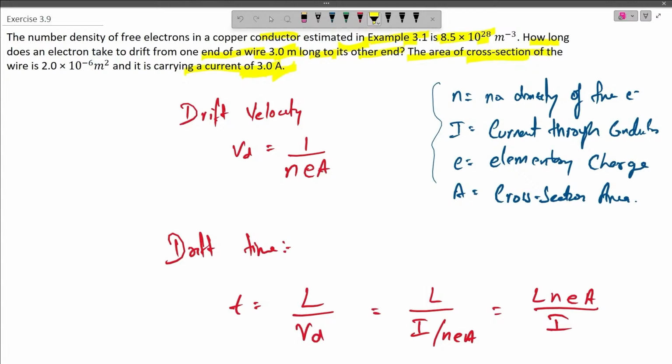At first, the drift velocity can be related to current using the expression Vd equals I divided by NEA, where N is the number density of the free electrons, I is the current through the conductor, E is the elementary charge, and A is the cross section area. Now calculating the drift time, we divide the length by Vd, that is L by Vd, and that will give us L times NEA divided by I, where I is the current.